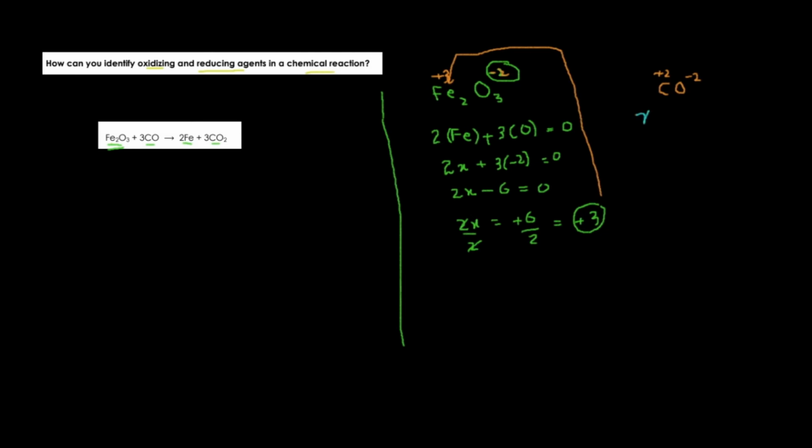For carbon you can write X and for oxygen you have O, and that is equal to 0 because as a whole carbon monoxide is neutral. So in case of carbon you are writing X and in place of oxygen the oxidation state of oxygen is -2. So X minus 2 is equal to 0. So once this -2 moves to the other side, it will be converted into +2. So it means this +2 is the oxidation state for the carbon atom. This is how you can find out the oxidation state for carbon.